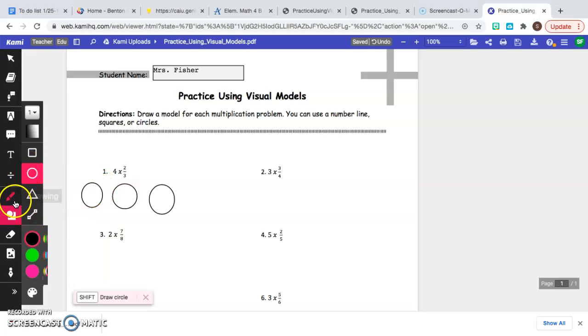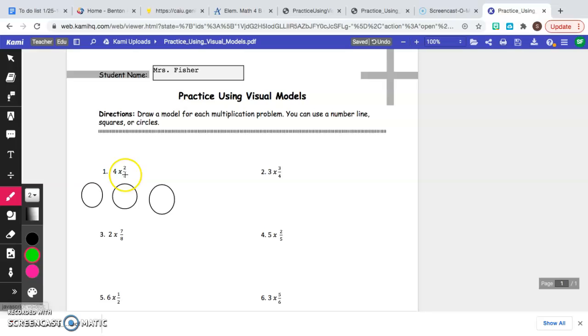And bear with me again because we're not perfect with drawing by any means on a computer. All right, and they need to be in 3 parts. So I'm going to try my best and then go down. Here we go.